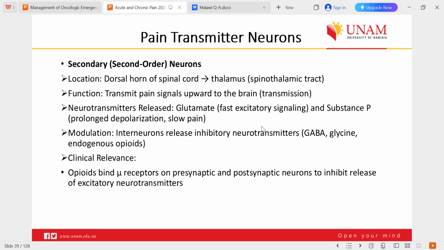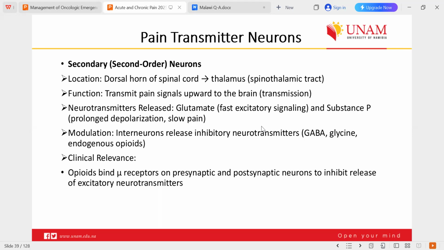Well, the second order neurons are located at the dorsal horn of the spinal cord and help to transmit pain sensation from the spinal cord to the thalamus through the spinothalamic tract. Neurotransmitters released include glutamate and substance P, and here modulation takes place with interneurons releasing inhibitory neurotransmitters.